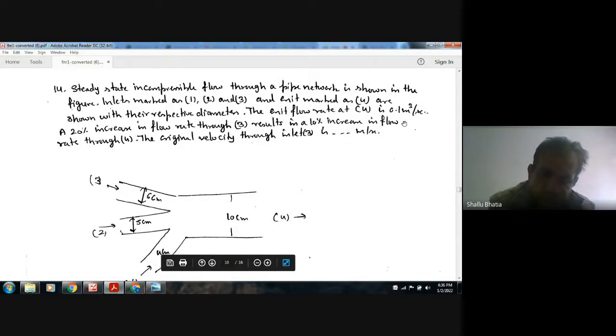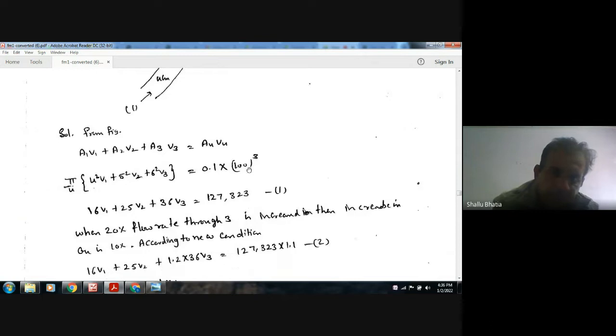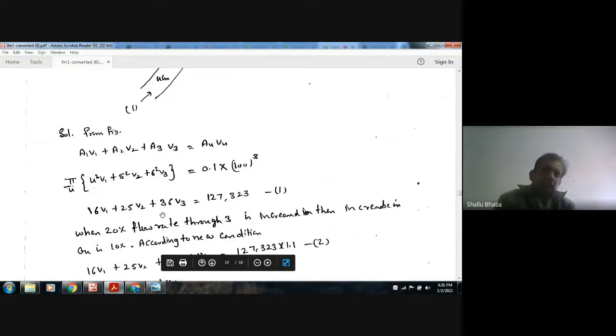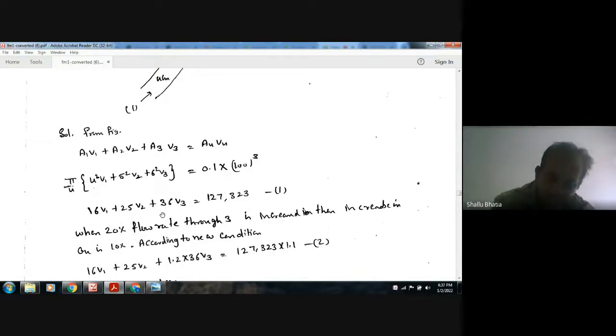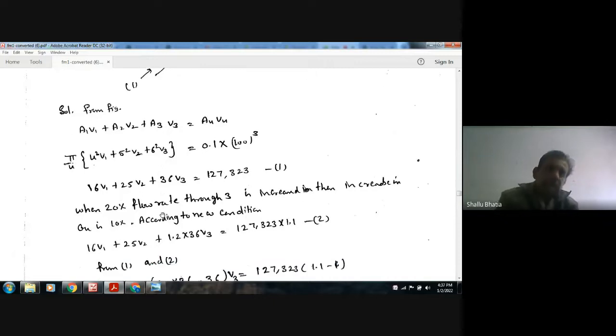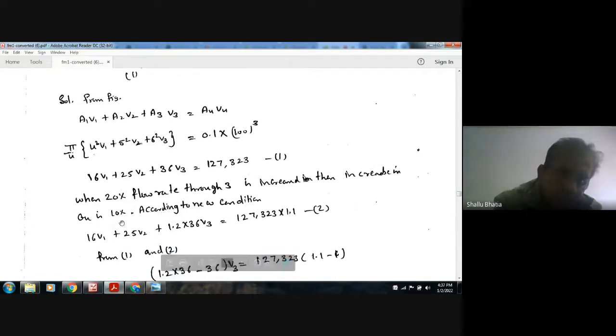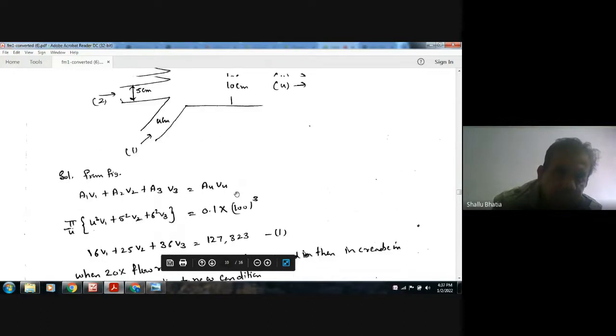Okay, so it is 0.1 into 100 cubed, because 100 centimeter is equal to 1 meter. Okay, so from this we can have 16 V1 plus 25 V2 plus 36 V3 is equal to 127363.